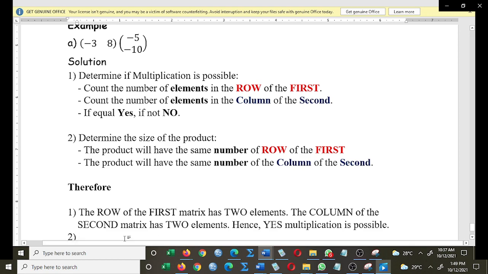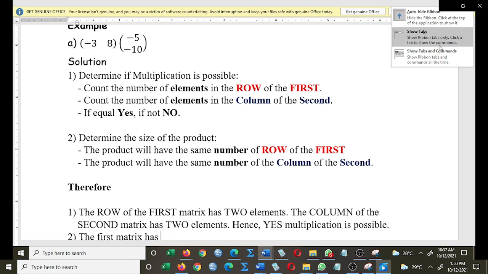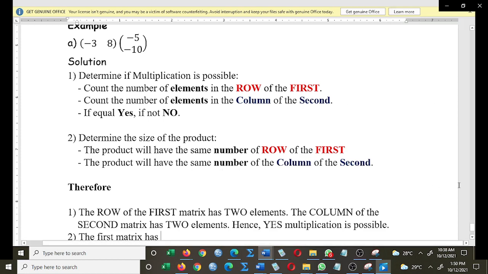Okay, let me write it down. The first matrix has 2 numbers, but you already put that. Look at it there: the product will have the same number of rows as the first, and the same number of columns as the second. So the first matrix has 1 row.